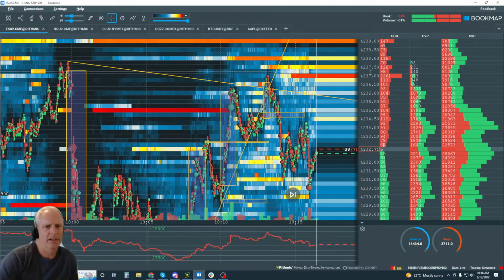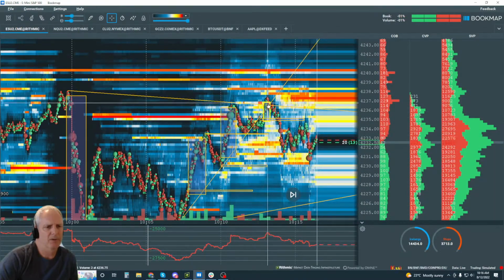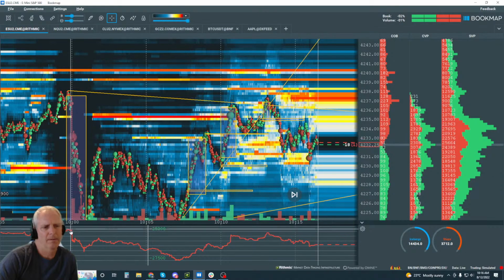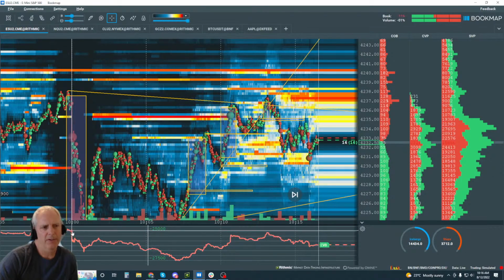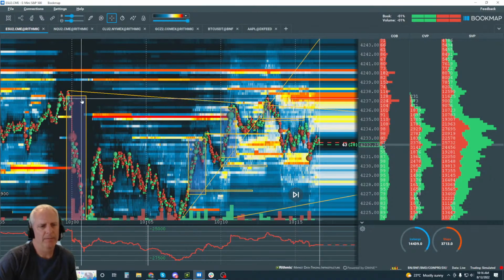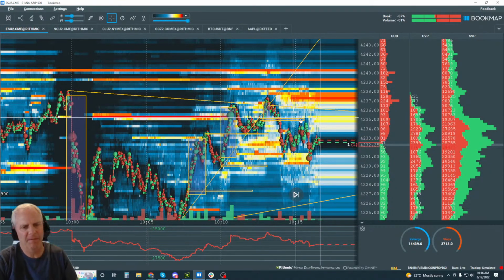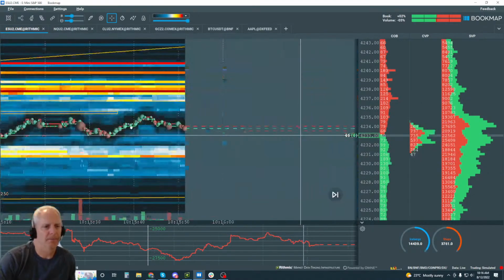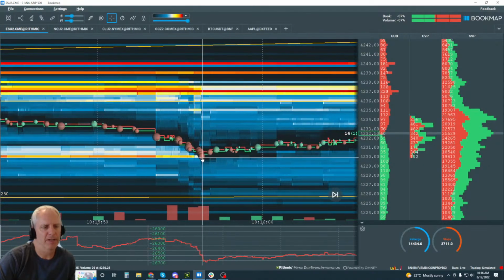Yeah, kind of challenged to find a good example at the moment. Yeah, I mean, these guys are still in control on cumulative volume delta here as well. But you'll see, like, sometimes the, you know, if I can just find a really simple example.